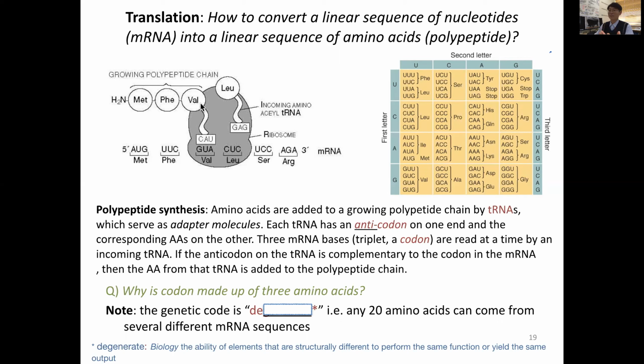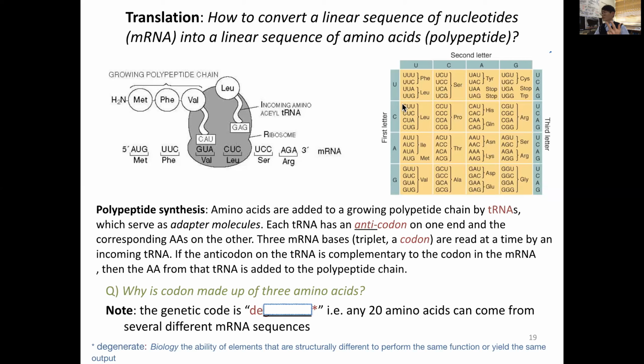Now you may have a question: why is the codon made up of 3 bases? In fact, in history, figuring this out led to a Nobel Prize. This is called finding the genetic code. Based on the mRNA, there are 4 types of nucleotide: uracil, cytosine, adenine, and guanine.